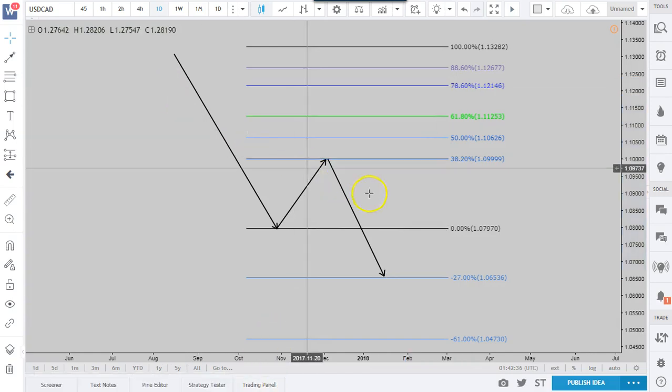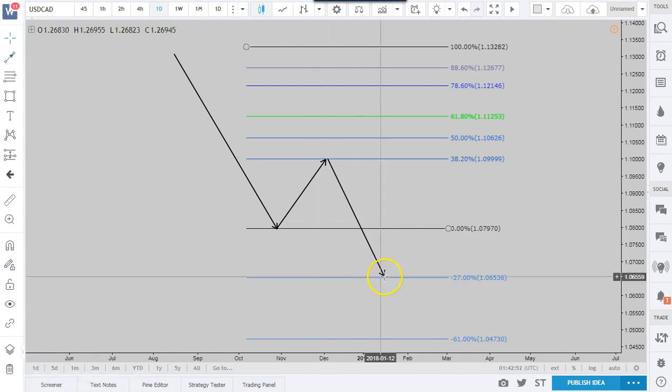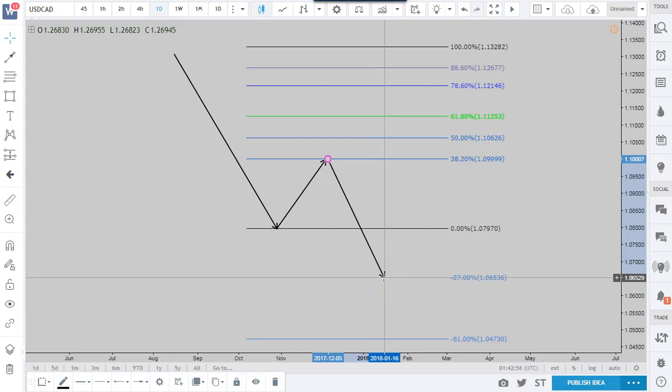So we expect, if price should go to the minus 27% extension level, you should look forward to take your profit. Your first target should be the minus 27% extension, and then your second target should be the minus 61% extension level.